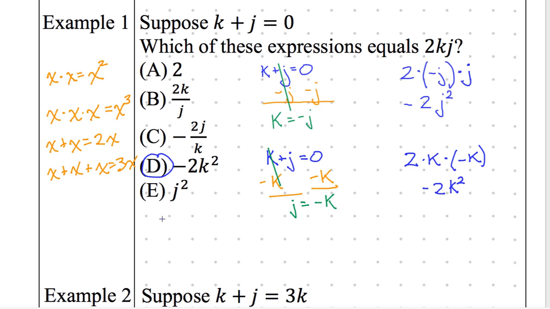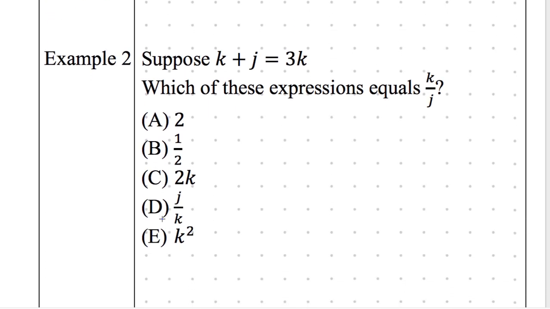Alright, let's try again with example 2, and then we can work on the homework. So now I'm supposing this, and I'm trying to find an expression for this. So k plus j equals 3k. I'm just going to rewrite this, so it's going to be k plus j is equal to 3k. Which one do we want to solve for first? It doesn't matter. I see that if I solve for j, I'll get the k's on the same side.